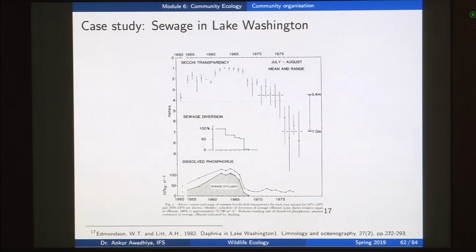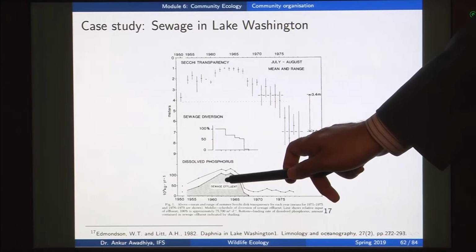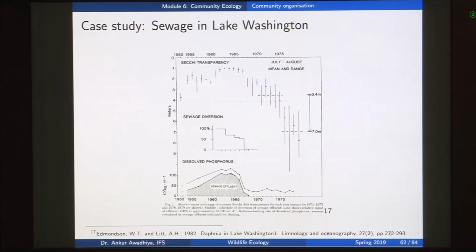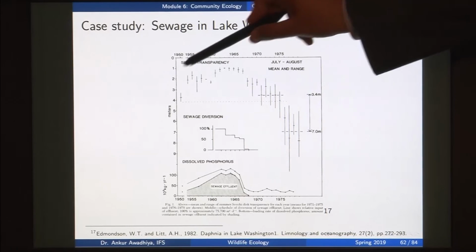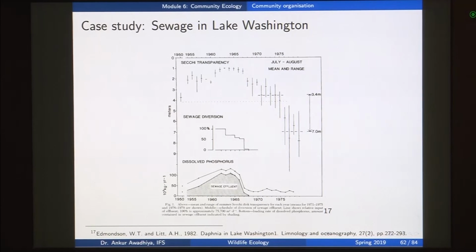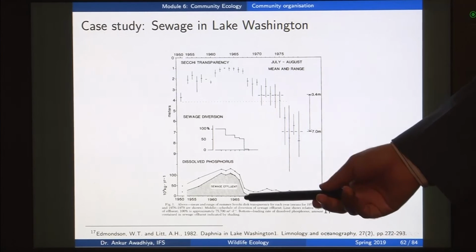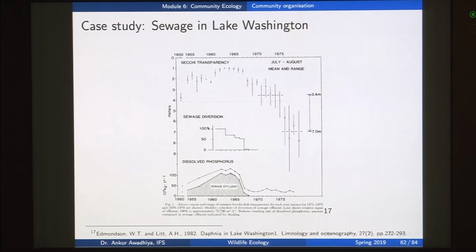That is the question. So, in brief, in this lake we were putting in sewage, the sewage was bringing in phosphorus and nitrogen, because of which we were seeing a very high amount of growth of algae and phytoplanktons, and then after a while it was stopped, and we are asking the question, what happens next?